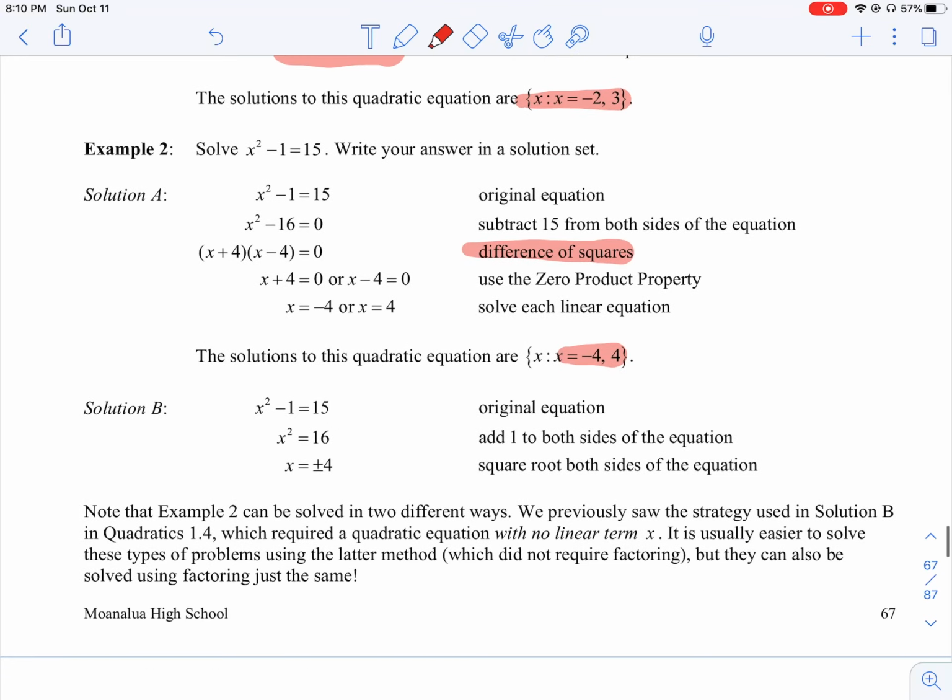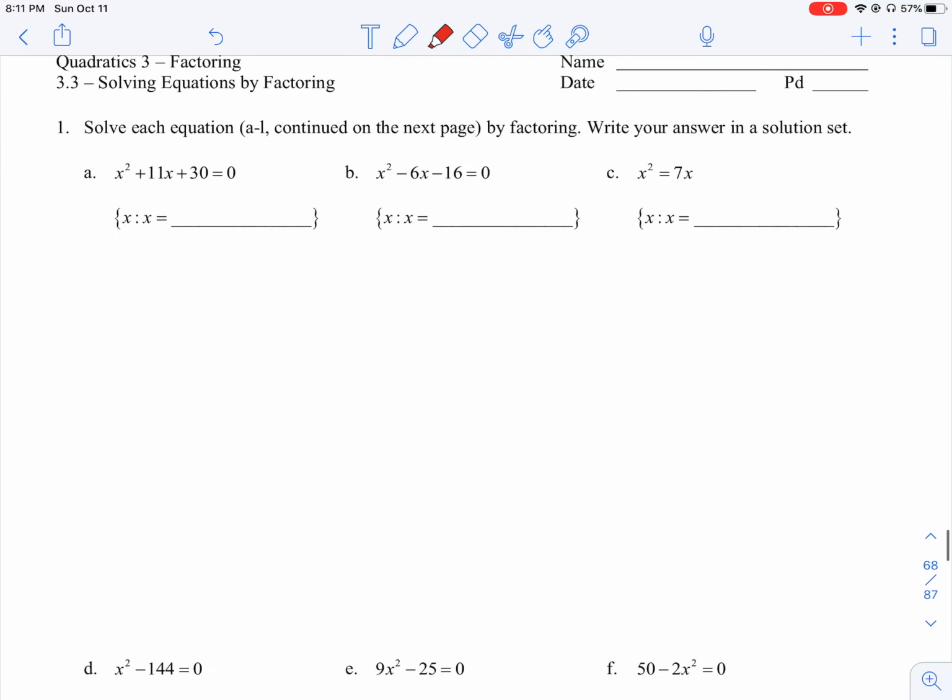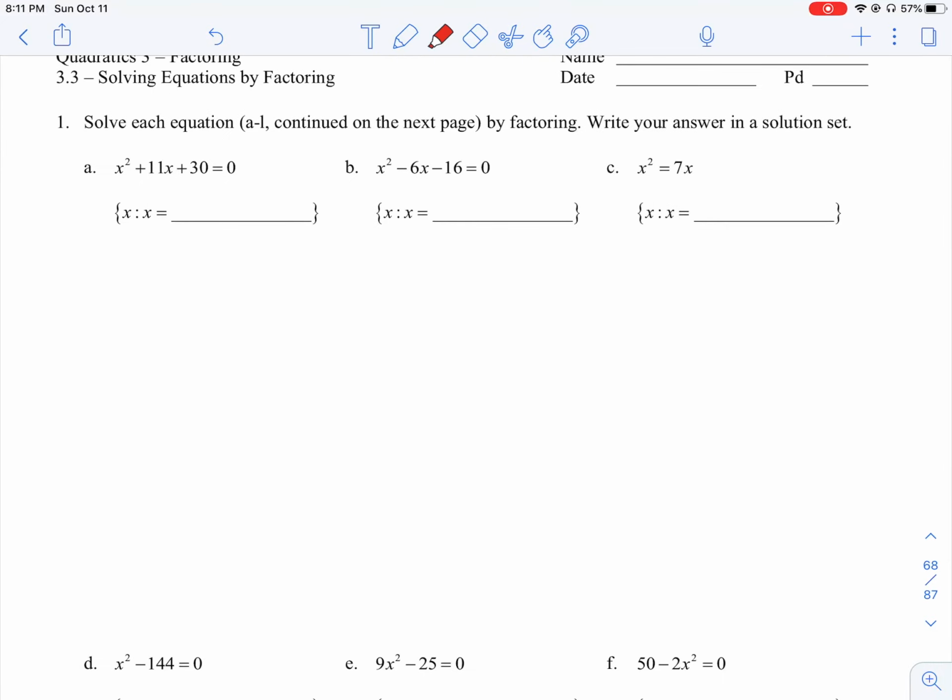Okay? Now let's practice. So in this part, I'm going to show you how to factor just in case you need a little review on that. Let's see here. We have x squared plus 11x plus 30 equal to 0. And because this equation is already equal to 0, I do not have to do those extra step on subtracting a number on both sides, right?